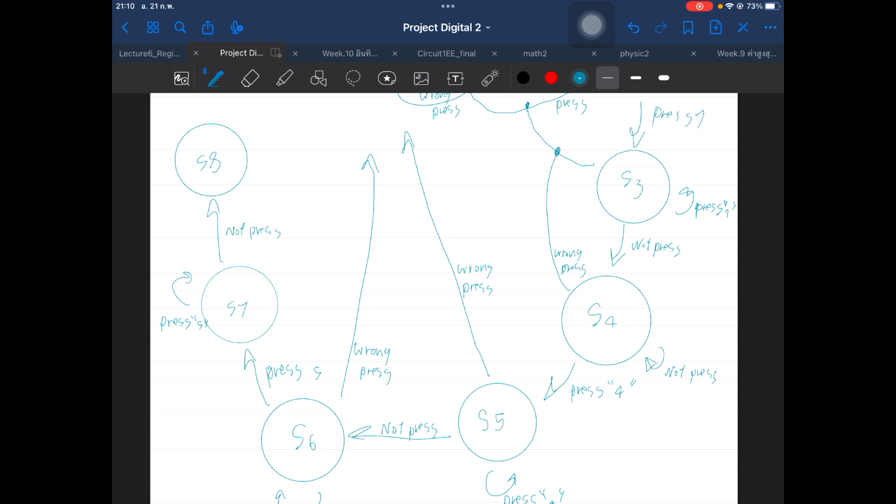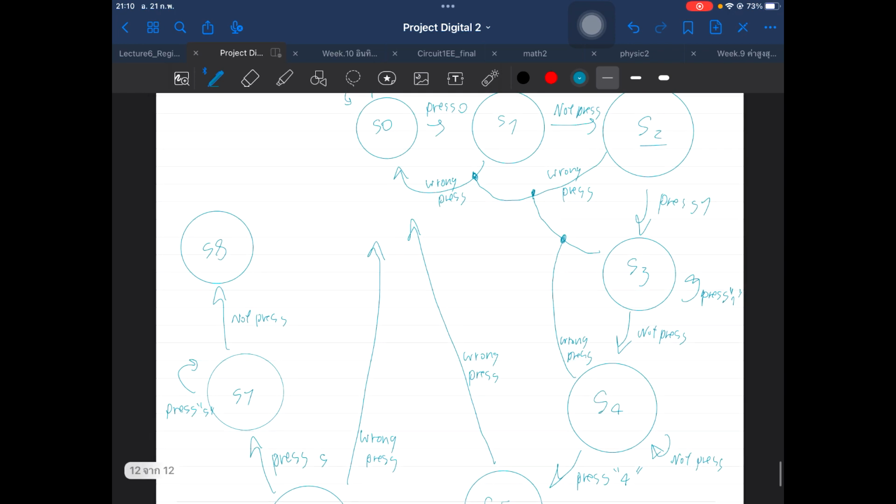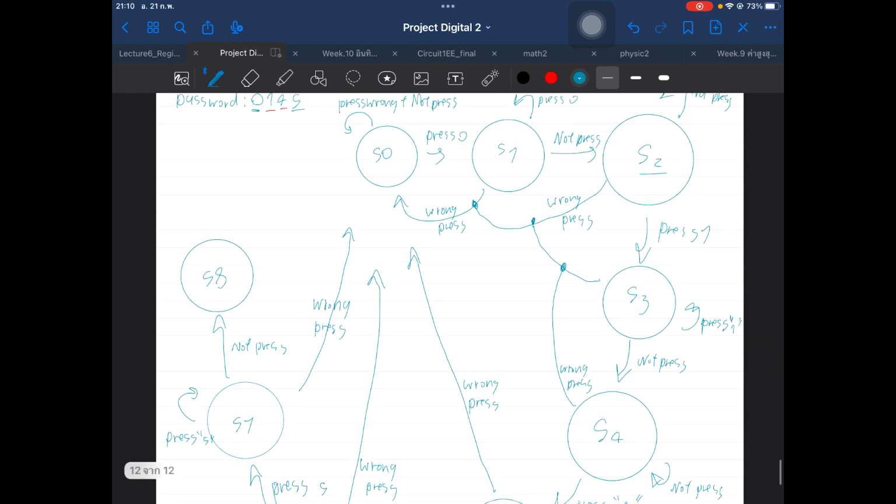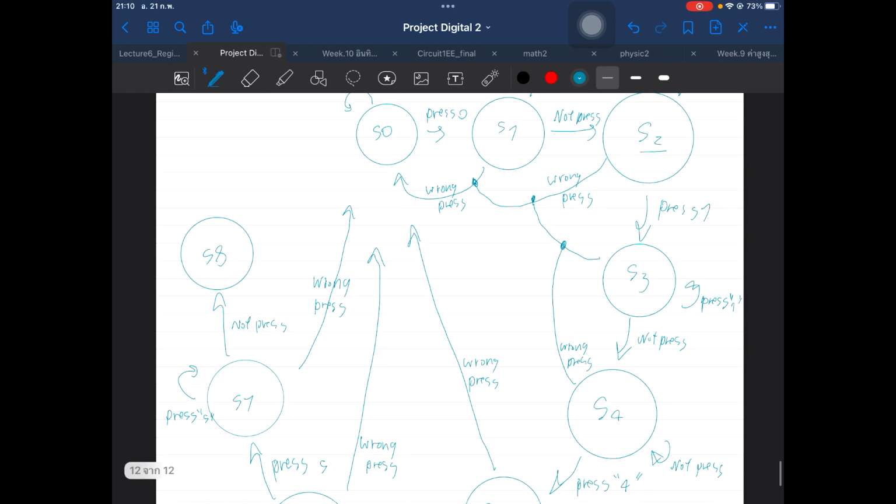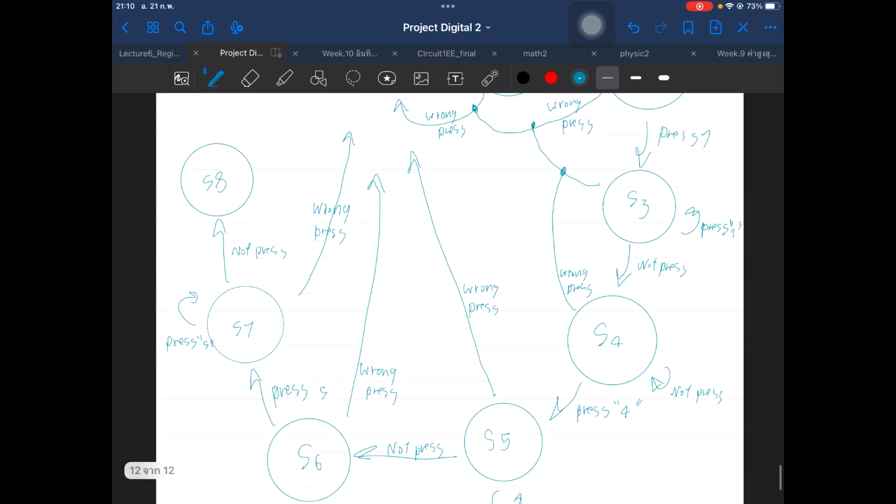But if you press the wrong number when you hold the password number 5, when you press wrong, it will go to state 0 immediately. And this is all of state 7.